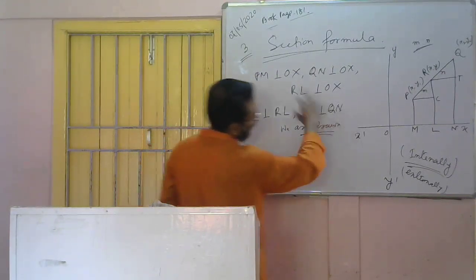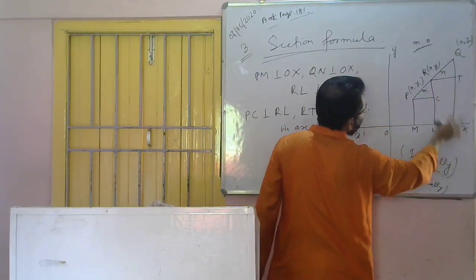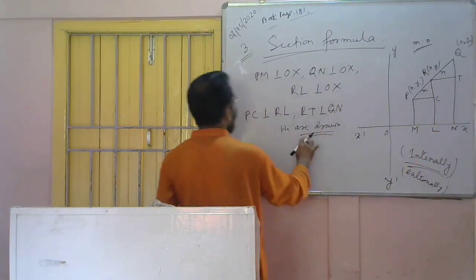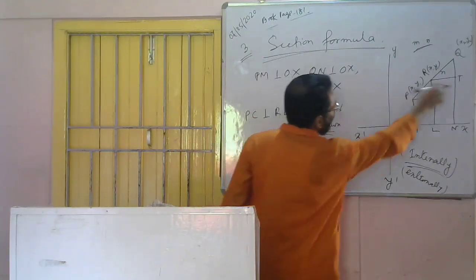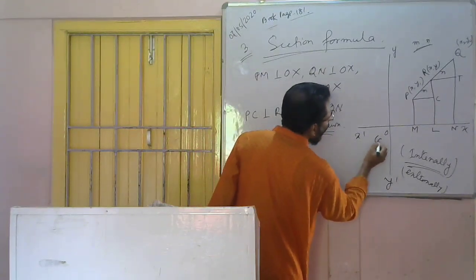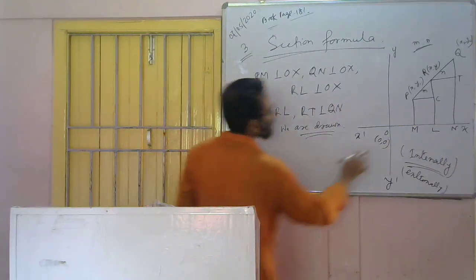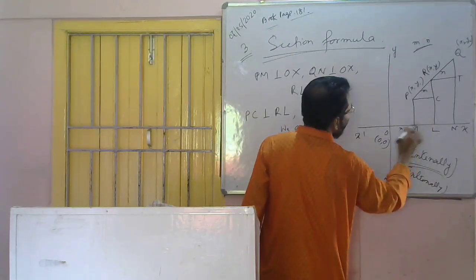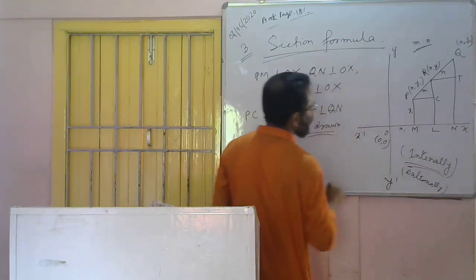Like earlier, PM is perpendicular to OX, QN is perpendicular to OX, RL is perpendicular to OX, and these two perpendiculars we have drawn: PC perpendicular to RL and RT perpendicular to QN. Now from the origin O (0,0), this OM distance is X1, and this PM is Y1.